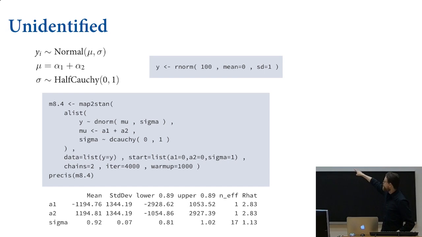So at the bottom, I hope you recognize that that's bad news. You should notice that the sign of alpha 1 and alpha 2 is perfectly inverted, right? Because they sum to 0. They're also highly correlated. Look at those confidence intervals. I like that standard deviation. That's a good one. And then R hat, n_eff is 1, right? That's like your bottom case. It's hard to do worse than 1.